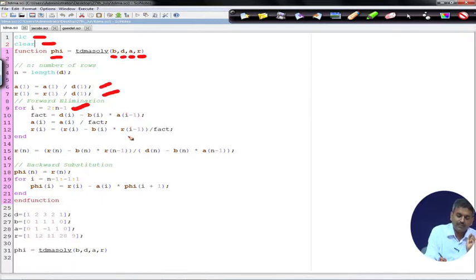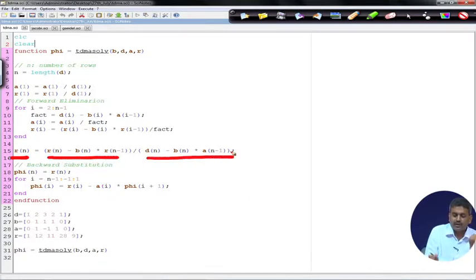So, previous value, and with this factor we are just multiplying these to get the updated a and r values, because the diagonal will be automatically converted into unity. In this case r n equals r n minus b n, we are directly calculating this.